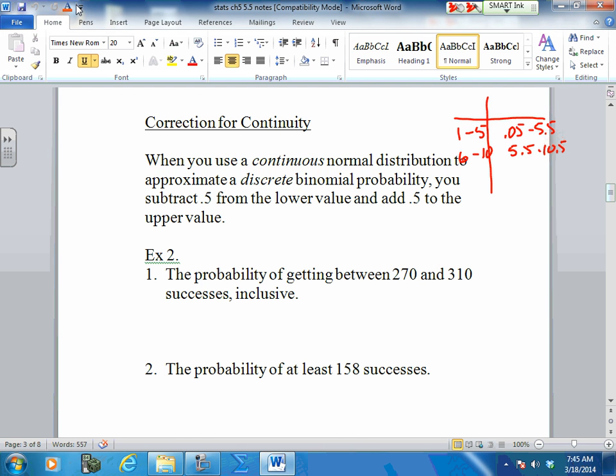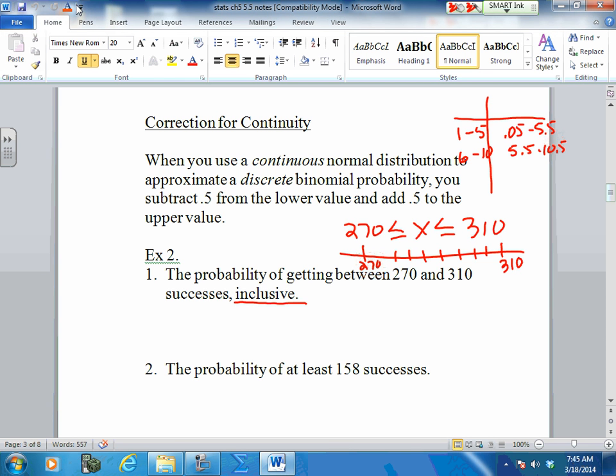Now, if we're going to find the probability of getting between 270 and 310 inclusive, what does inclusive mean? It includes. Now, if we didn't say inclusive, it would be everything but those two end numbers, right? So if I'm doing 270 including 310, I'm using all these numbers, and I'm also using 310.